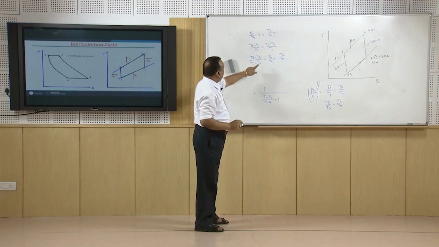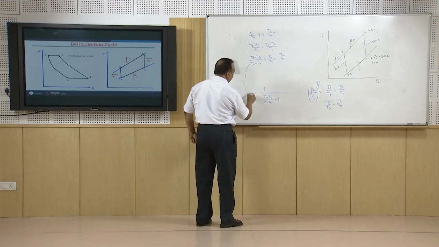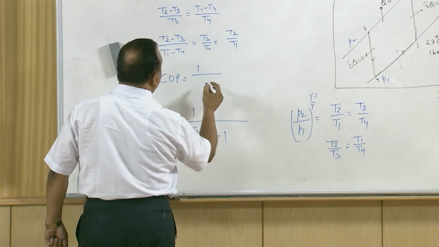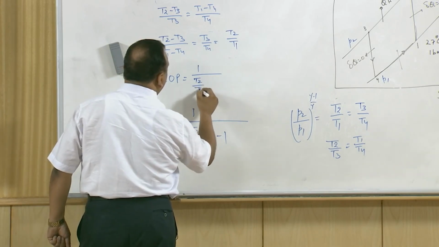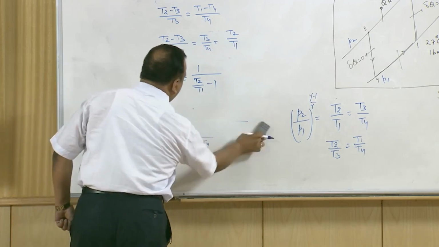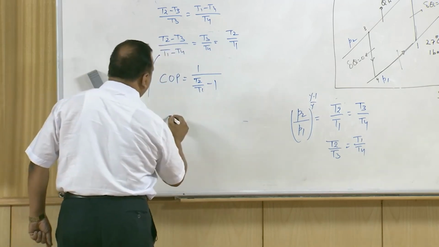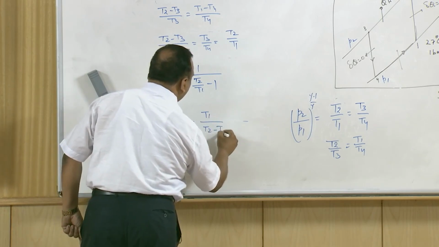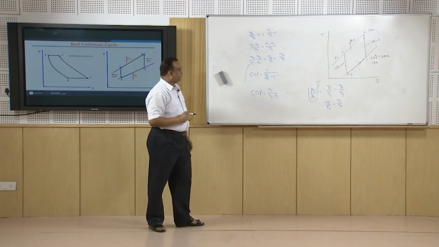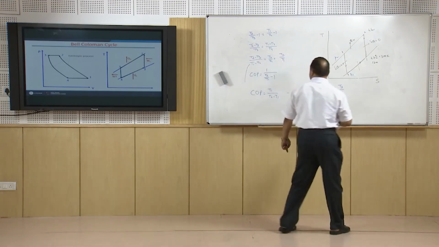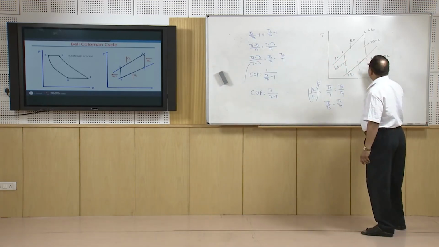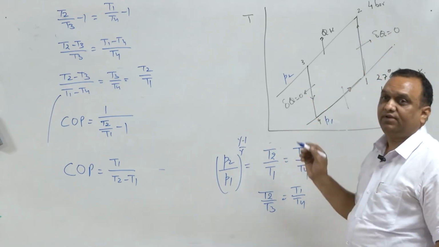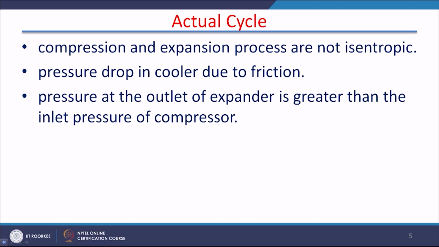Now, this (T2 minus T3) divided by (T1 minus T4) can be substituted here, and we get the value of COP as 1 over (T2 by T1 minus 1), and the final expression for COP is T1 divided by (T2 minus T1). So, for the ideal Bell-Coleman cycle, we need only two pieces of information, the temperature after compression and the temperature before compression, and we can find the COP of the cycle.